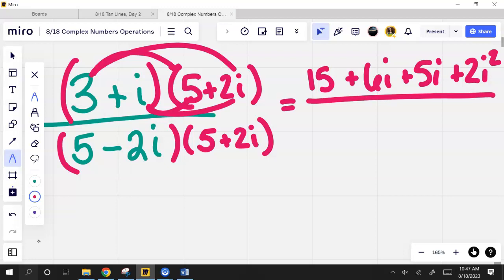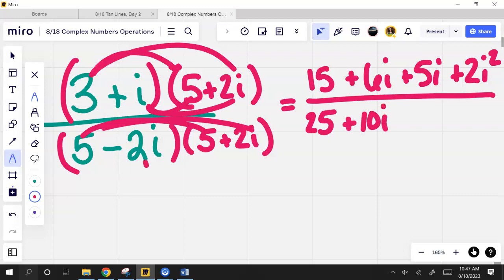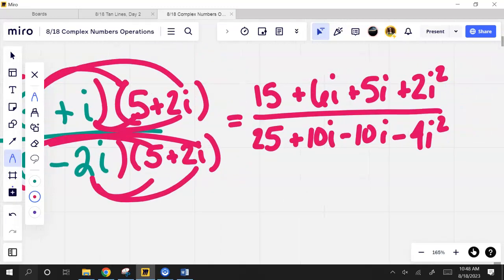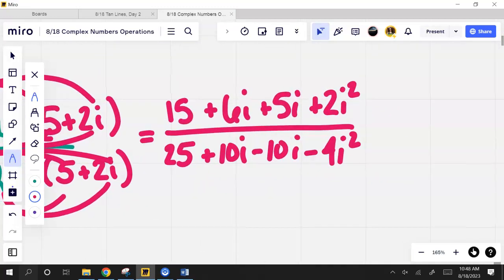Now for the bottom. 5 times 5. 5 times 2i. Negative 2i times 5. And negative 2i times 2i, negative 4i squared.